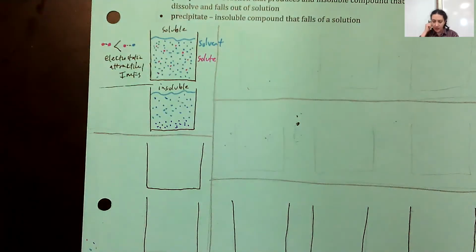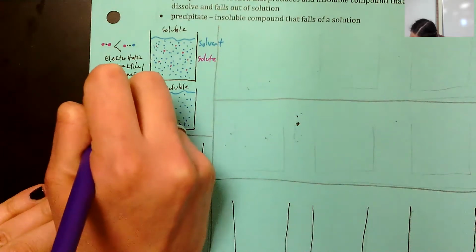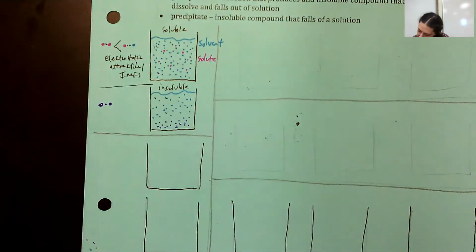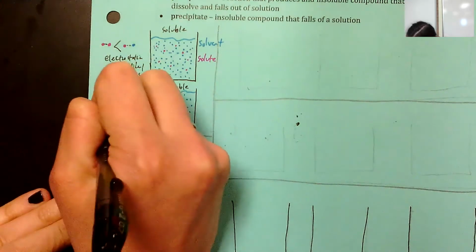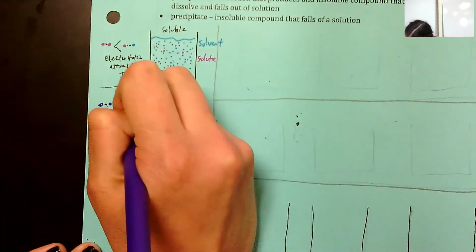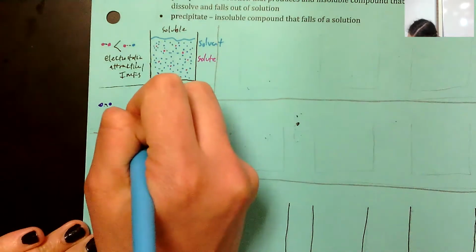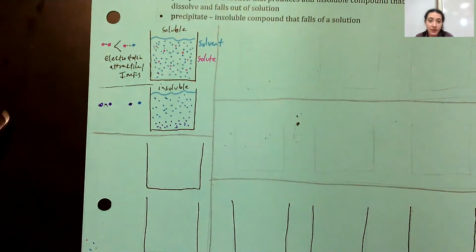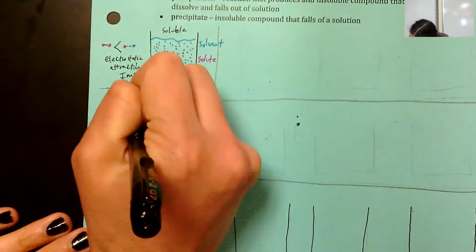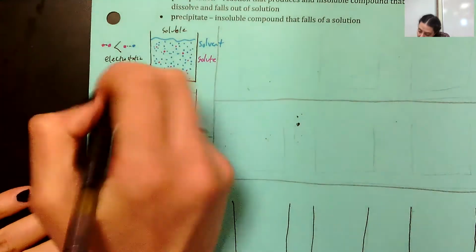If, in this case, I draw it this way so we get a little bit of space, those interactions are stronger than the interactions between the water and the solute, it's going to be insoluble.